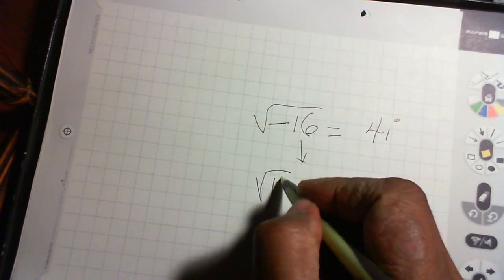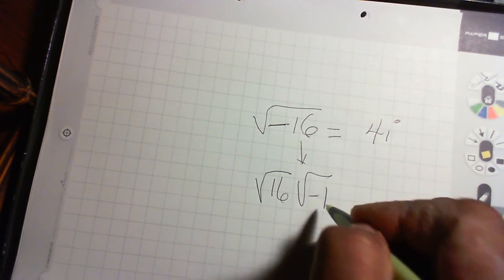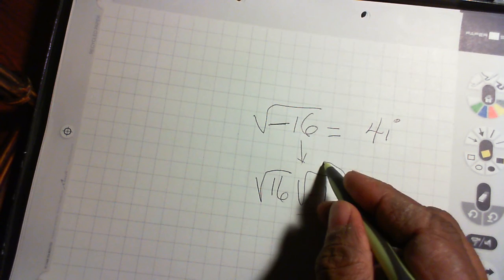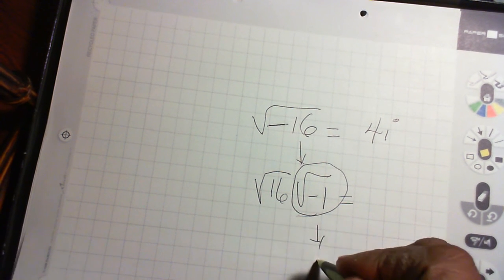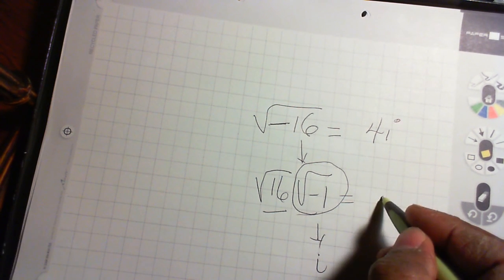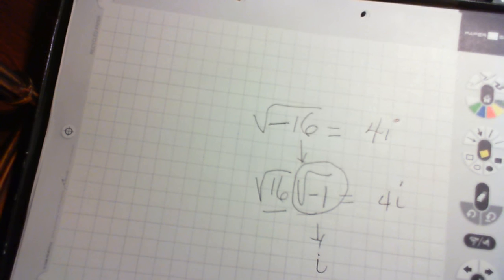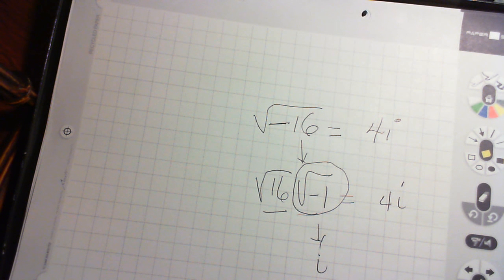Let me explain why. This is the square root of 16 times the square root of negative 1. The square root of negative 1 by definition is i. The square root of 16 is 4, so you have 4i. So if I ask what's the square root of negative 64, that's 8i.